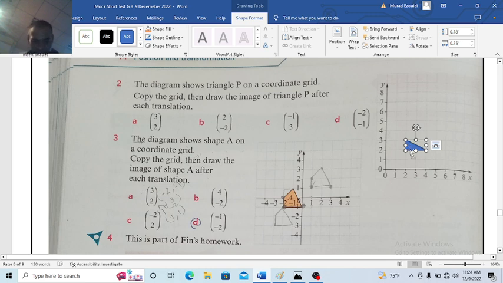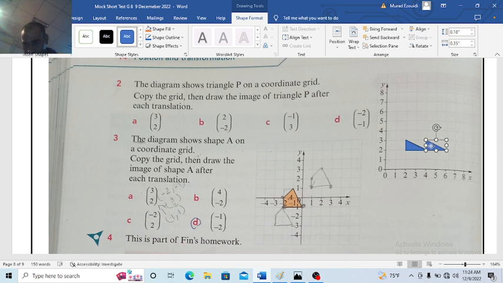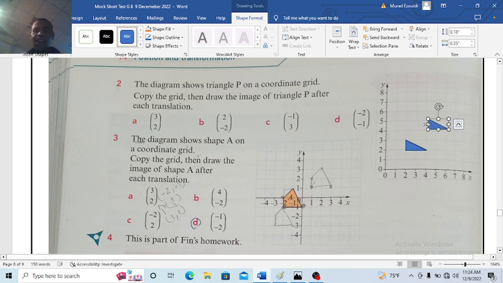This is 1 unit, 2 units, then 3 up. This is 1, 2, and this is 3. So therefore I move it. This is the image, this is small a.